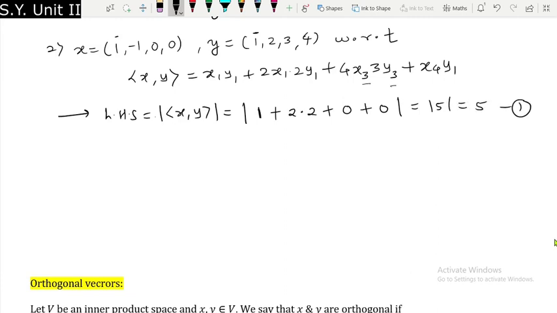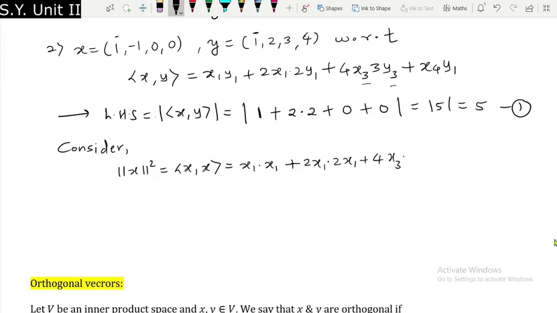So my LHS in this case is 5. Now I have to calculate my RHS. For that purpose I will consider norm of x square. So my norm of x square over here is inner product of x with x, and my inner product of x with x will be x1 multiplied by x1, plus twice x1 multiplied by twice x1. This is important. If this is understood, then you can easily solve it. Plus 4 times x3 multiplied by 3 times x3 and plus x4 multiplied by x1.